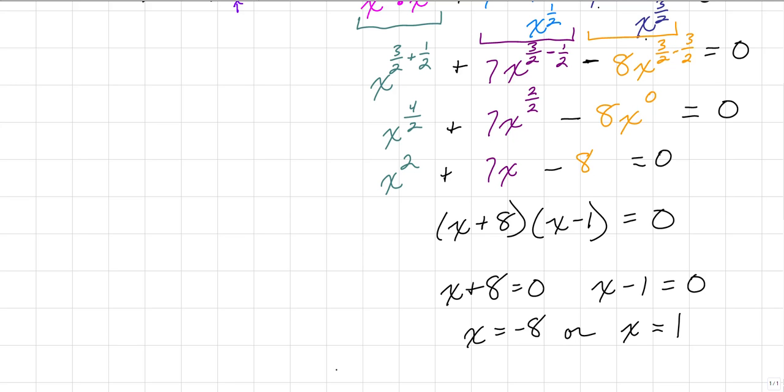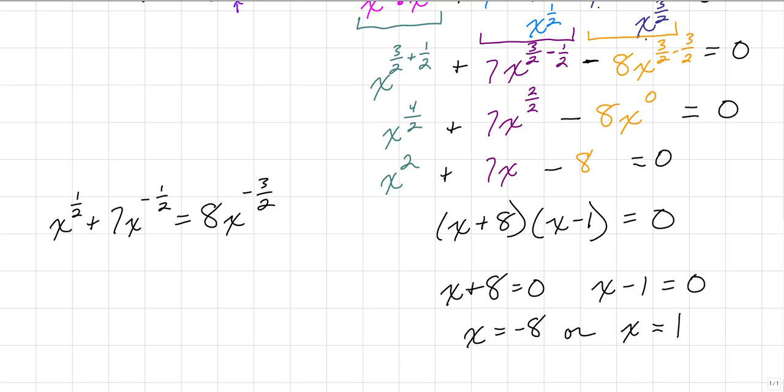So you would go back up to your original equation, which was, as we wrote, x to the 1/2 plus 7x to the negative 1/2 equals 8x to the negative 3/2 power. And then you're going to substitute in negative 8 and 1.